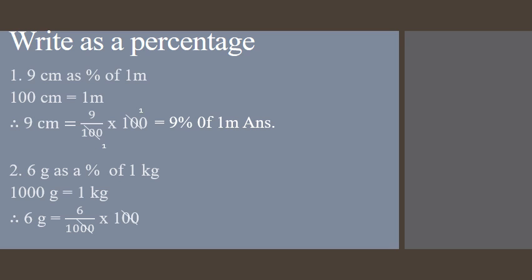So 100 divided by 100 in the numerator is equal to 1 and 1000 divided by 100 in the denominator is equal to 10. When you divide 1000 by 100, your answer will be 10. So our final answer is 6 upon 10%, or we can say 0.6% of 1 kg. That is 6 gram is equal to 0.6% of 1 kg.